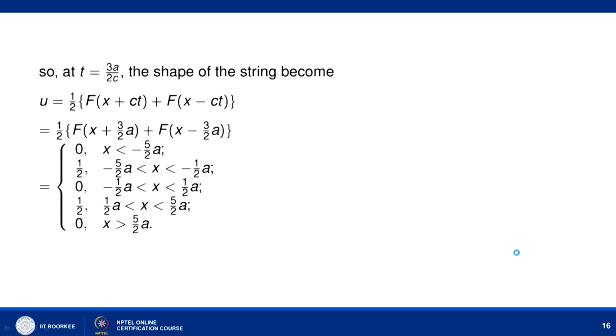Then we can write down at t equal to 3a by 2c, the shape of the string becomes u equal to half of f of x plus ct plus f of x minus ct, which is nothing but 1 by 2 f of x plus 3 by 2a plus f of x minus 3 by 2a, and it is 0 when x is less than minus 5 by 2a, and 0 when x is greater than 5 by 2a, and between minus 5 by 2a to minus a by 2, it is half.